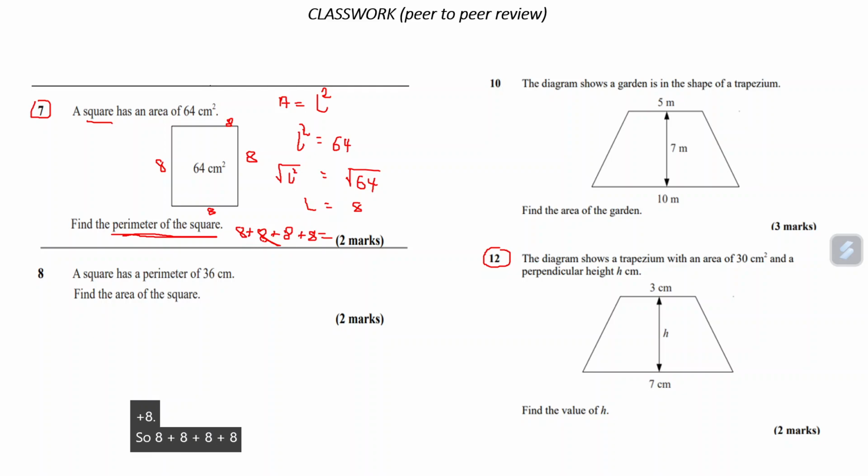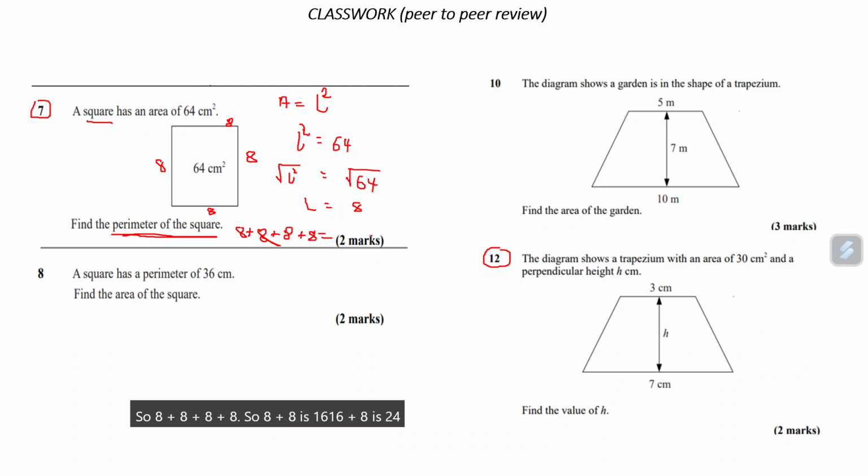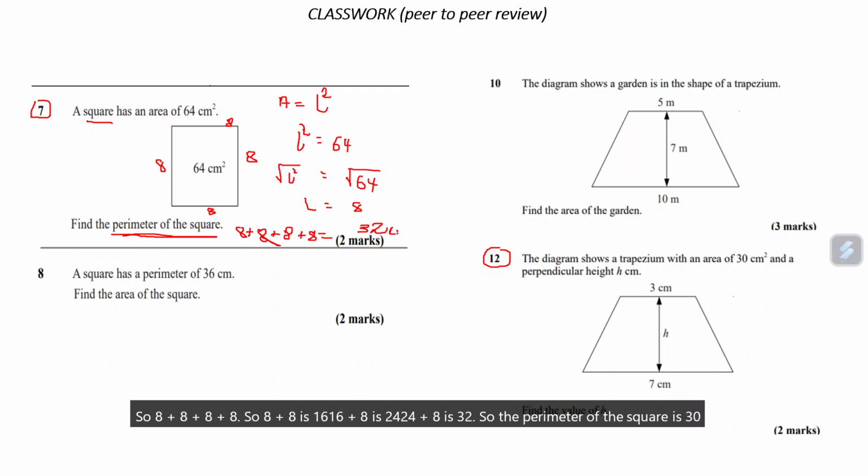So 8 plus 8 is 16, 16 plus 8 is 24, 24 plus 8 is 32. So the perimeter of the square is 32 centimeter.